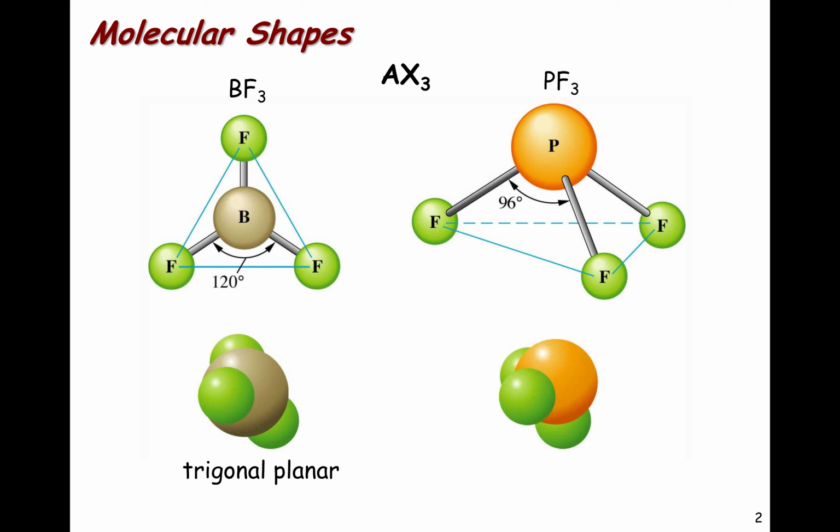Whereas phosphorus trifluoride adopts a trigonal pyramidal structure in which the phosphorus sits on top of that equilateral triangle. The bond angles in this case, the fluorine, phosphorus, fluorine bond angles, are approximately 90 degrees.